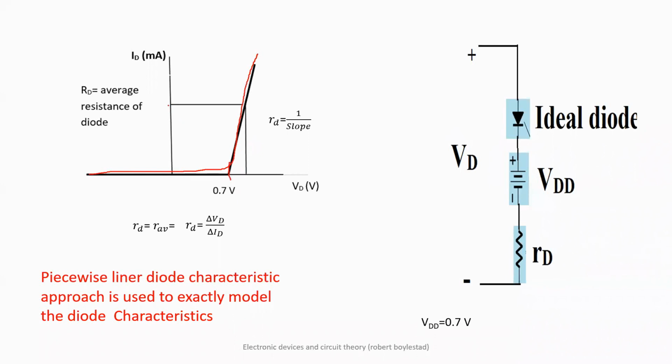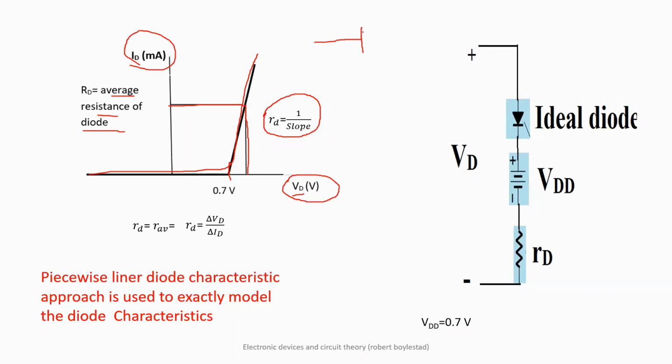Here we take an ordinate from the y-axis and an ordinate from the x-axis, and this gives you the resistance, which is the average resistance of the diode. The diode current is in milliamperes, and the diode voltage is VD.